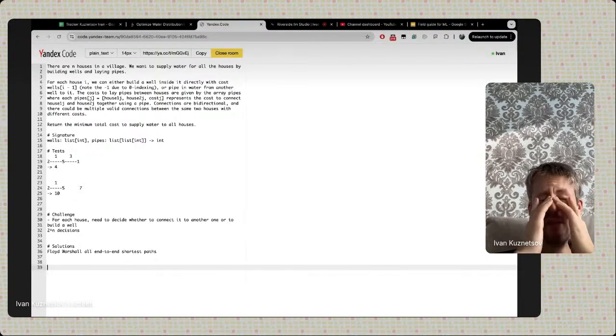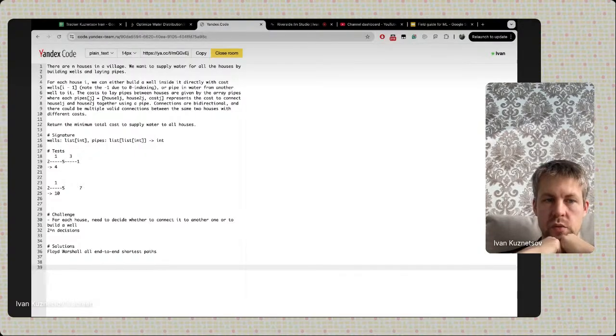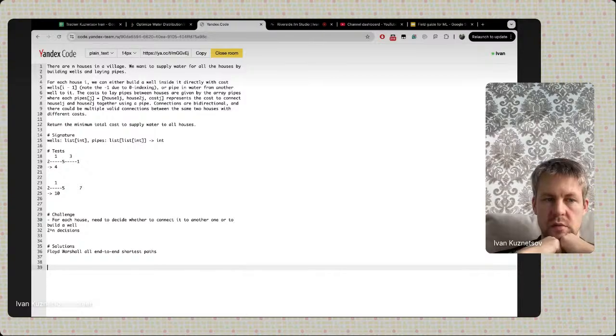So I was thinking that in Floyd-Warshall we have a matrix of the shortest path from any location to any other location, and based on our pipes we can calculate this.